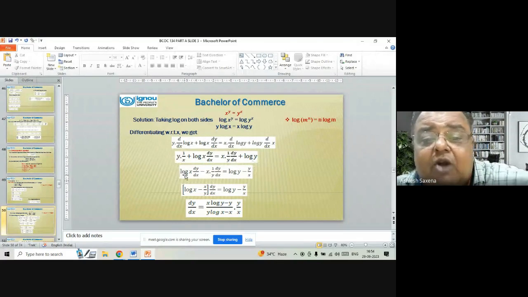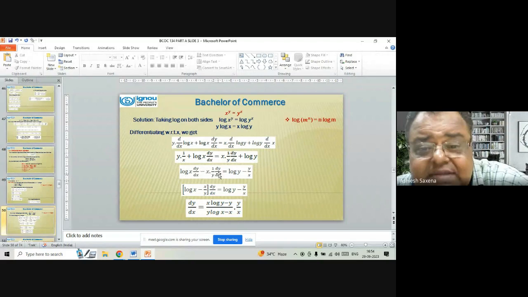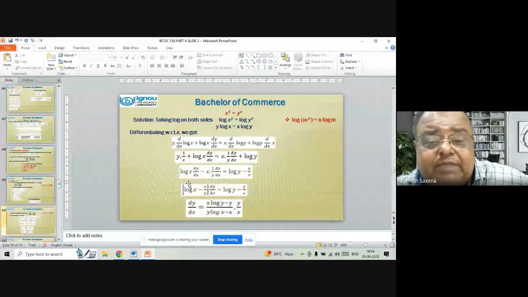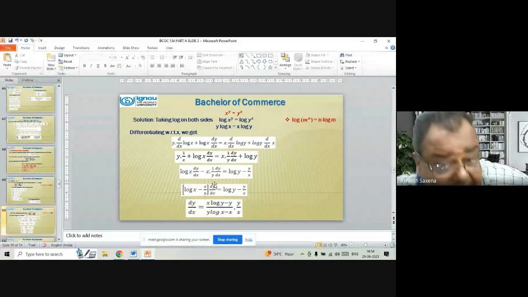So it will be log x dy by dx minus x dy by dx upon y equal to log y minus y by x. Taking dy by dx common, I will be getting log x minus x by y equal to log y minus y by x. I want dy by dx, so I will be bringing this down.